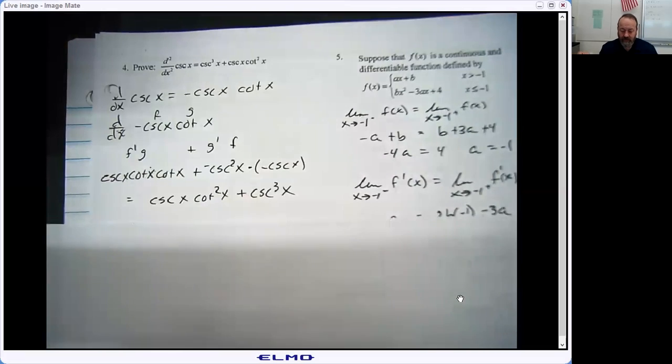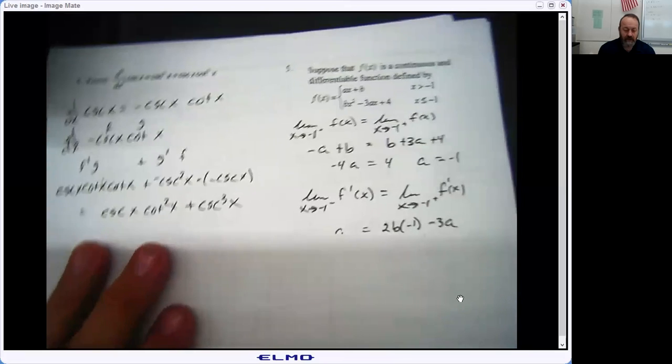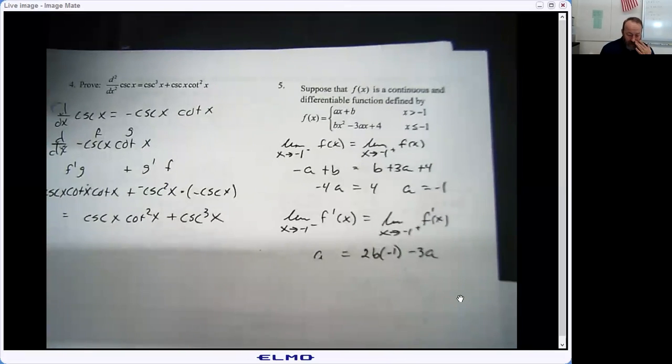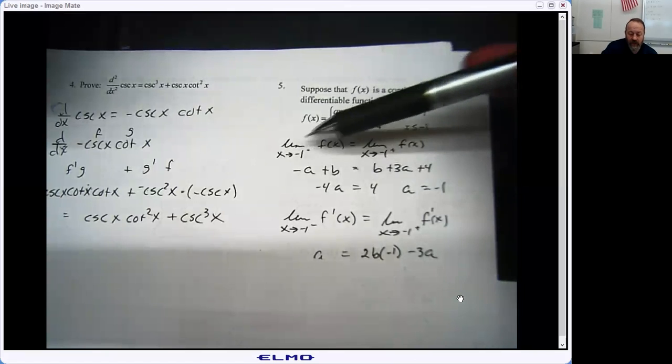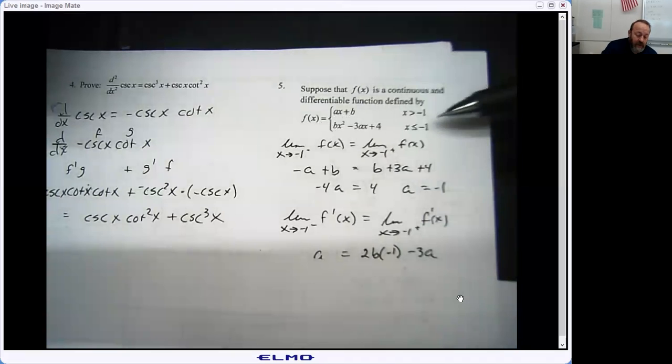Now, number 5, one of my favorite kind of questions is the definition of differentiable implies something else. So you want to keep in mind that if you are talking about differentiability, you must first be continuous. So the first thing I did is I looked at the function and made sure that it was in fact continuous. So I looked at what happens as I approach the function from the left.